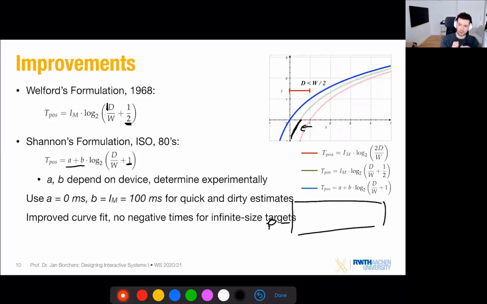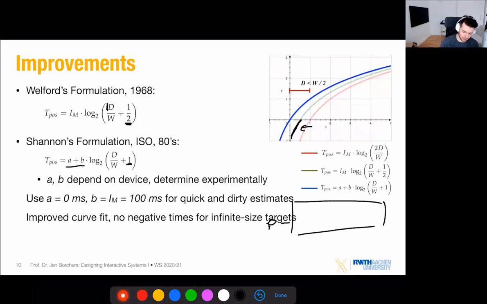So what we can do is what we did before. We give some users a pen, let them do a tapping task a lot of times, and then afterwards look at the curve that we have there and fit the curve correctly by looking at these A and B values. If we have a constant factor in there, we can shift the graph up and down by adding a constant with A. And if the slope of the curve is a little bit different, we can work out a new slope with this B factor.